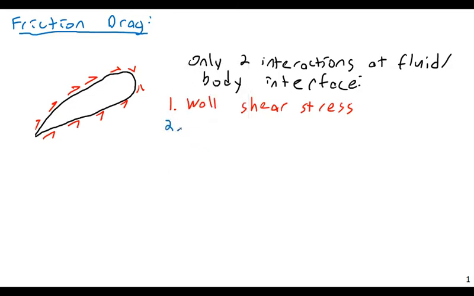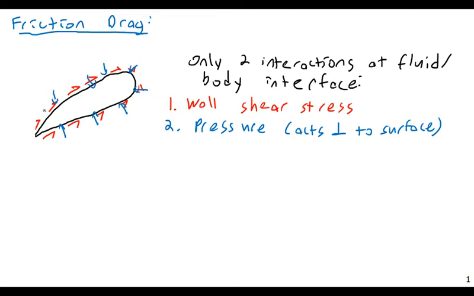So the second is going to be pressure, which, by definition, acts normal to the surface, or perpendicular to the surface. So we have a series of pressure arrows here, all acting perpendicular to the surface and distributed according to some sort of function that you could model if you wished, etc.